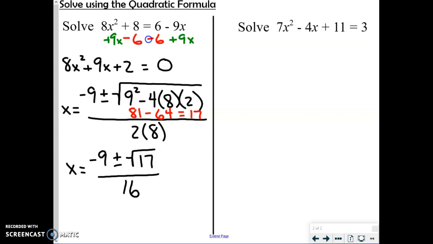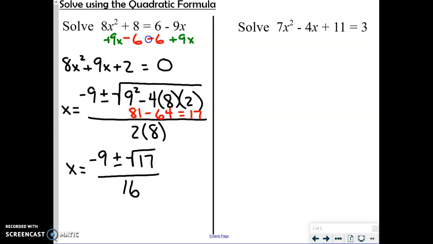If this were a word problem or an algebraic model, my guess would be we would round the square root of 17 to the nearest tenth and then give the answer as an approximate answer. But anytime you're just doing straight algebra, I want you to leave the answer as an exact answer, which in this case involves the square root of 17. Okay? So that's it. We're done with that problem.